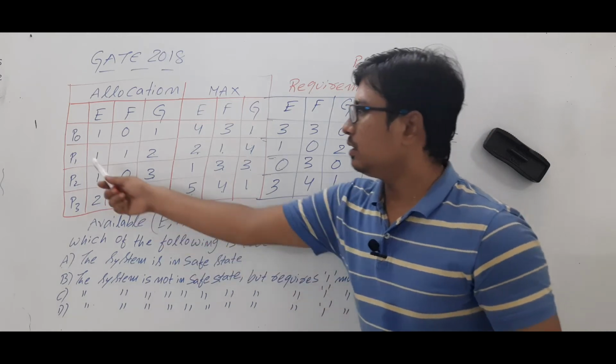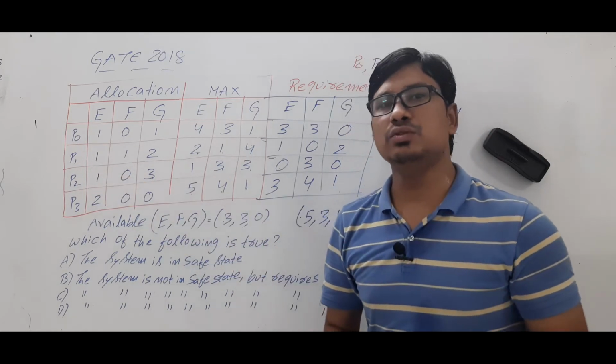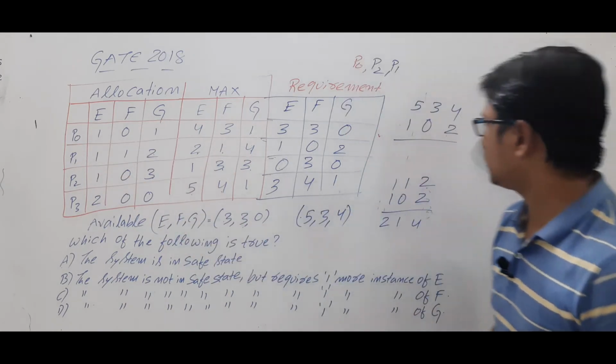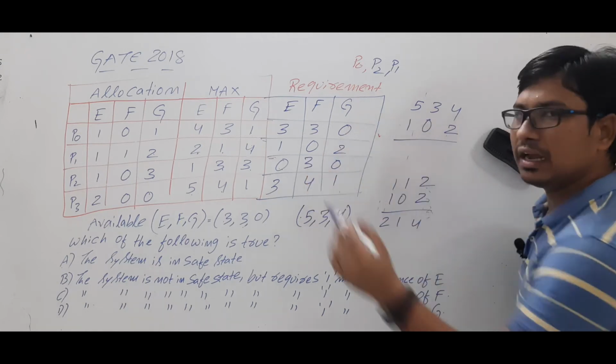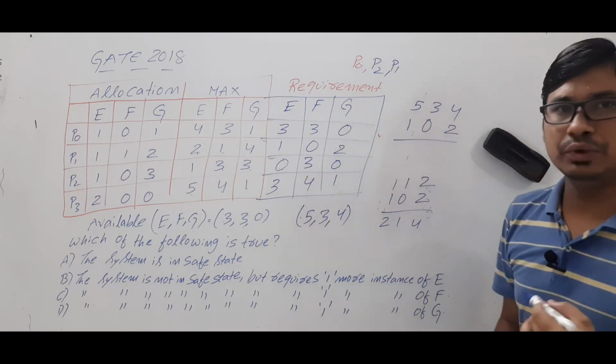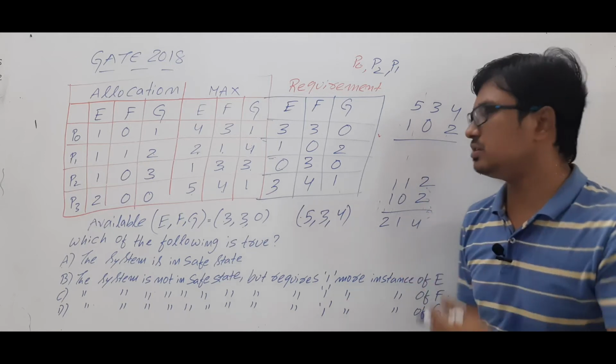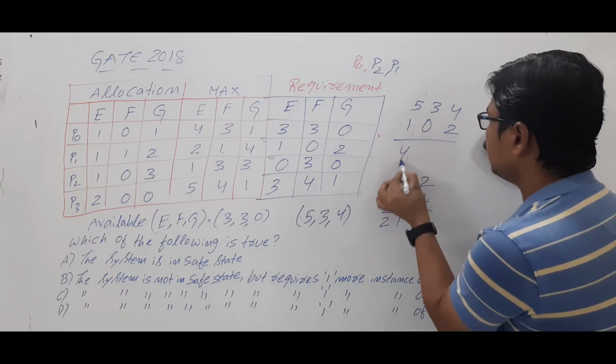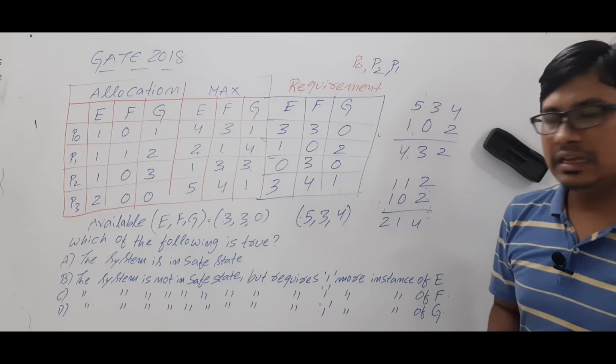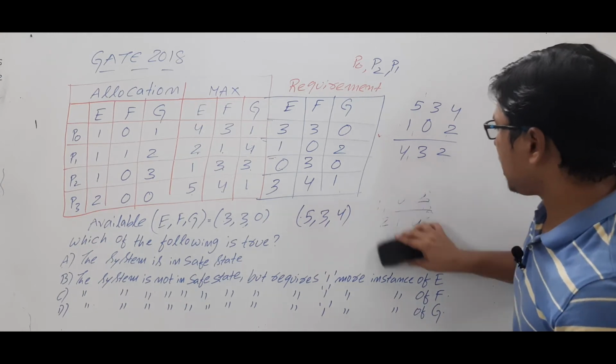So the process P1 got all the resources, so it will complete the task. Is it clear? So after allocating the 102 instances of resource E, resource F, resource G, the availability will be 432. Is it clear?